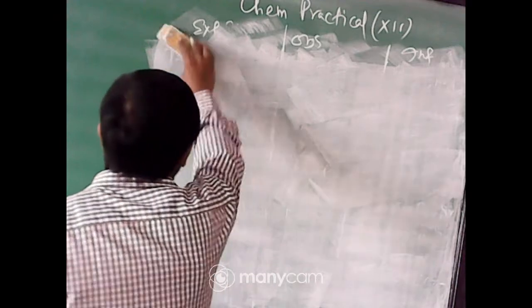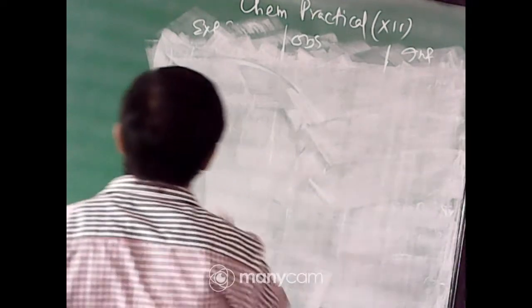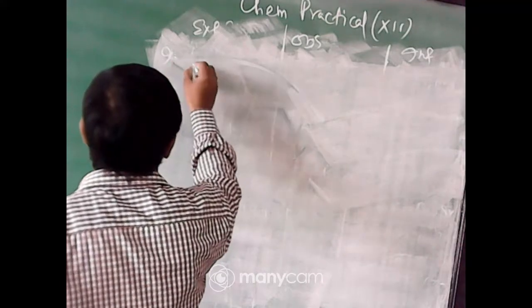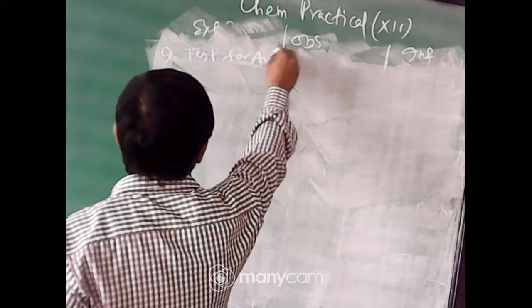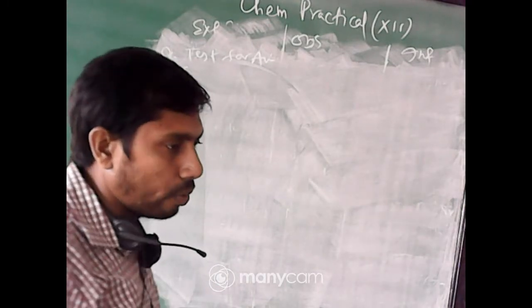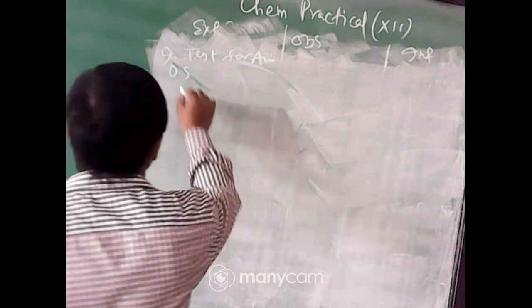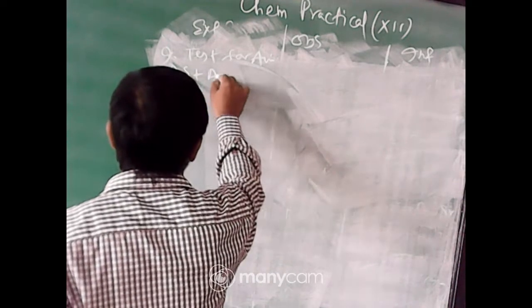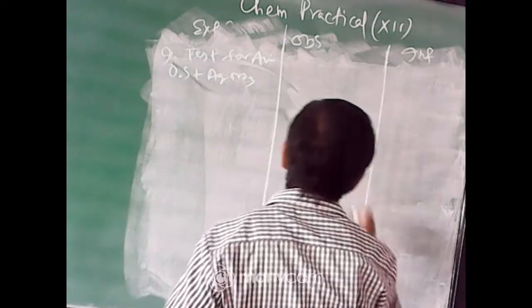Okay, so the column will continue in the same way. Experiment number 9, test for anion. Preparation of OS you can write in a different way: OS is the solid sample plus distilled water. OS plus silver nitrate. In the observation section, what will you write?